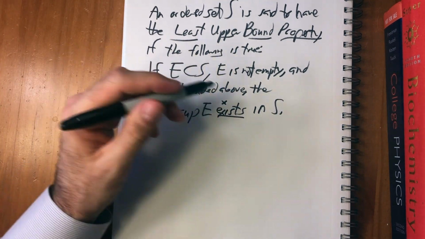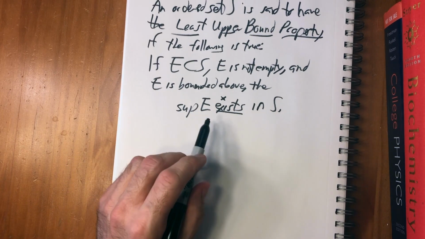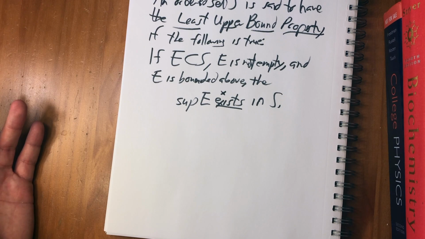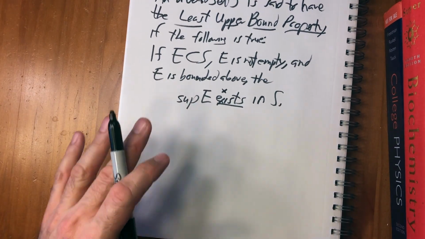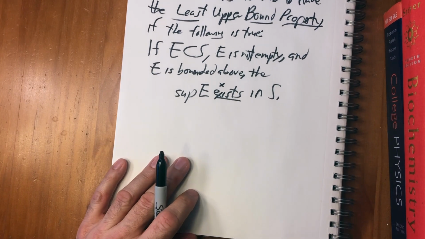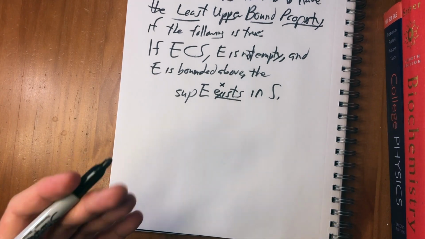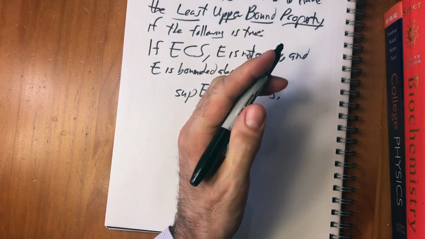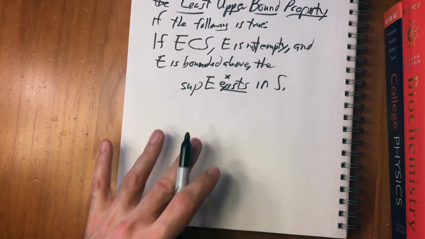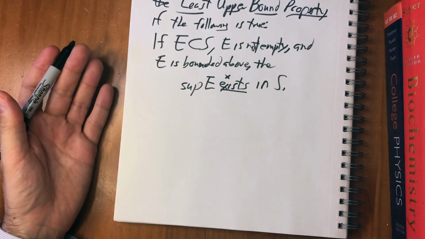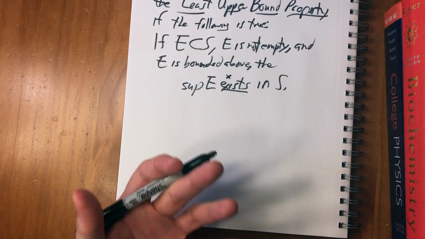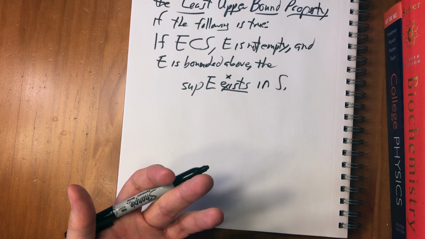For any set that's bounded above, it has a least upper bound. Okay, what's the big deal? But this is everything, because the rational numbers don't have this, and that's what we want to be able to do. We want to be able to always define the least upper bound of a set using a number that's in the set. And again, it seems so trivial and so small an issue.